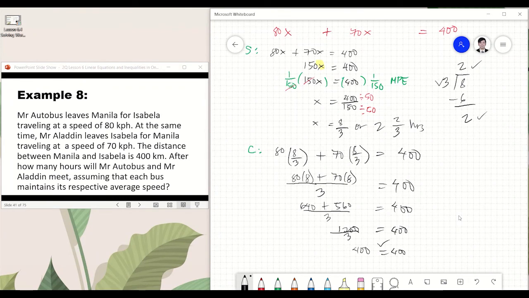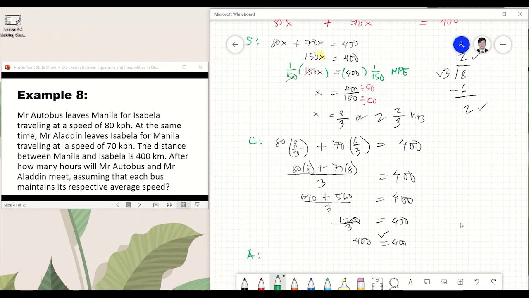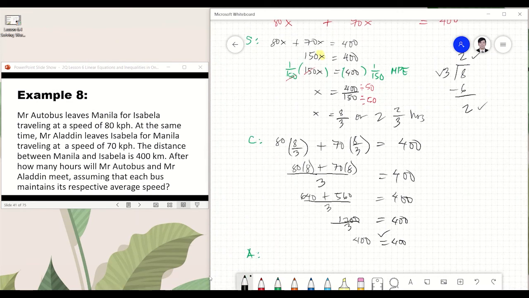So, tama yung sagot natin. So, we can already write our final answer in complete sentence. We say that they will meet after 2 and 2/3 hours.